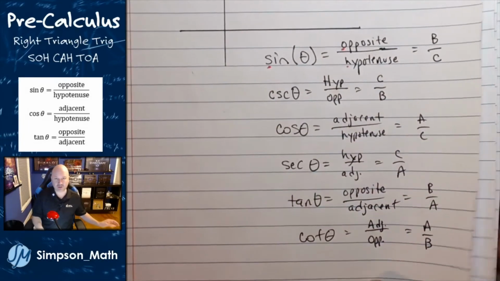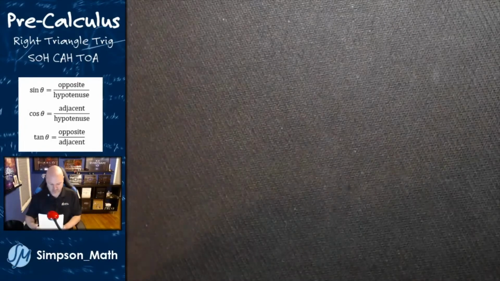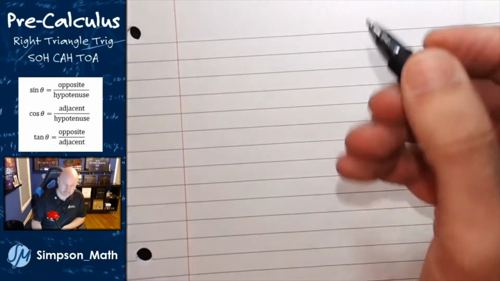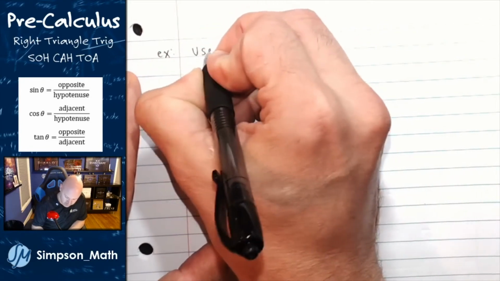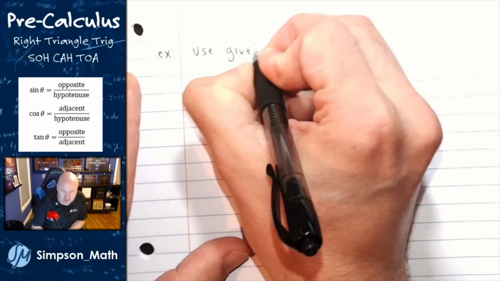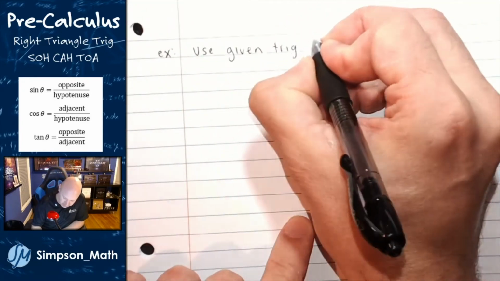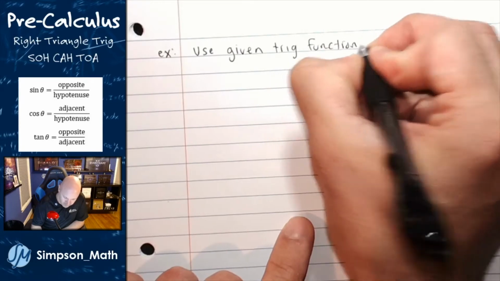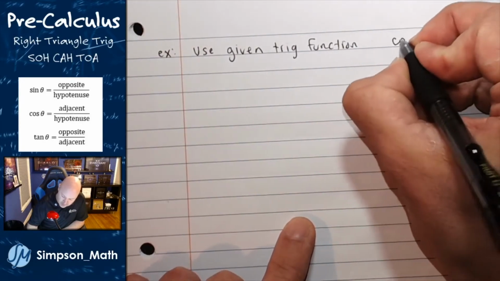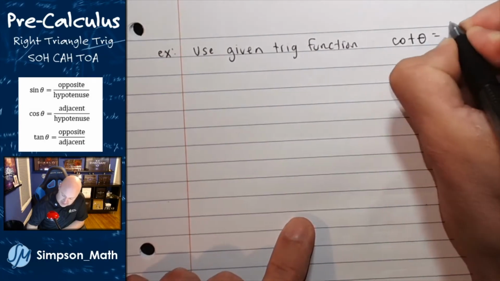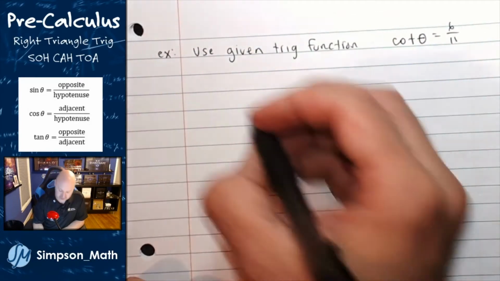So we can think about it as in this SOHCAHTOA definition. Let's jump straight into an example and I'll show you how cute this is. I'll give you some information. Let's use the given trig function. Something like cotangent of theta is 6 over 11, to find the other 5 trig functions.